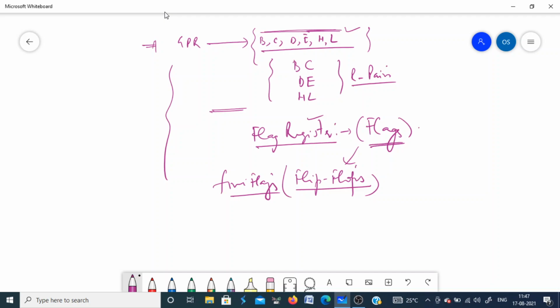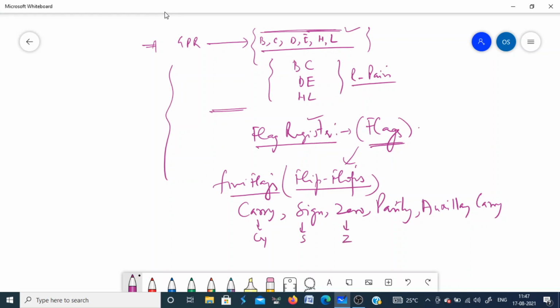We call them carry flag, sign flag, zero flag, parity flag, and auxiliary carry flag.